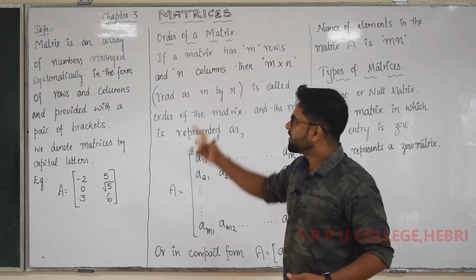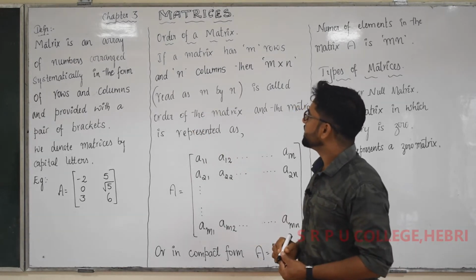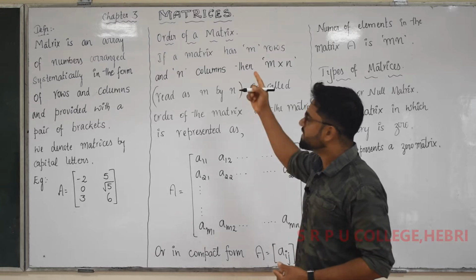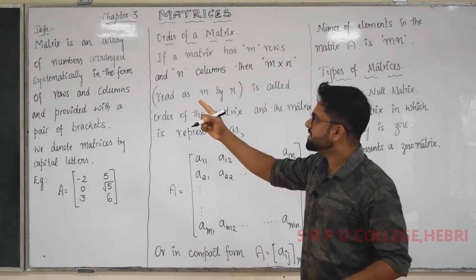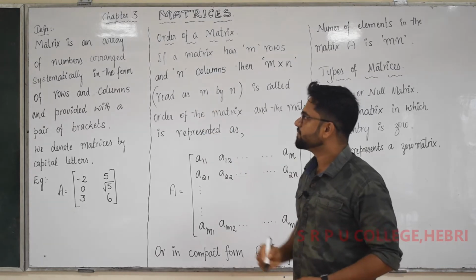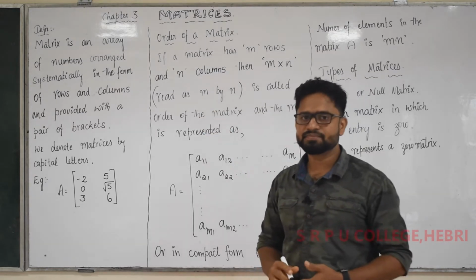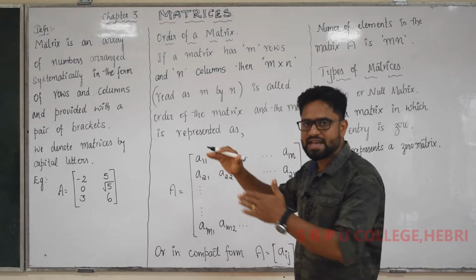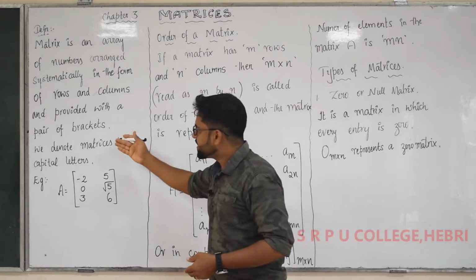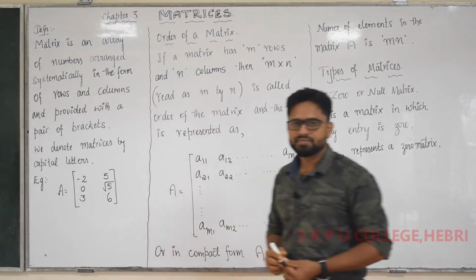Let us start with the definition of matrix. Matrices is plural, matrix is singular. The definition of matrix is like this. Matrix is an array of numbers arranged systematically in the form of rows and columns using a pair of brackets.